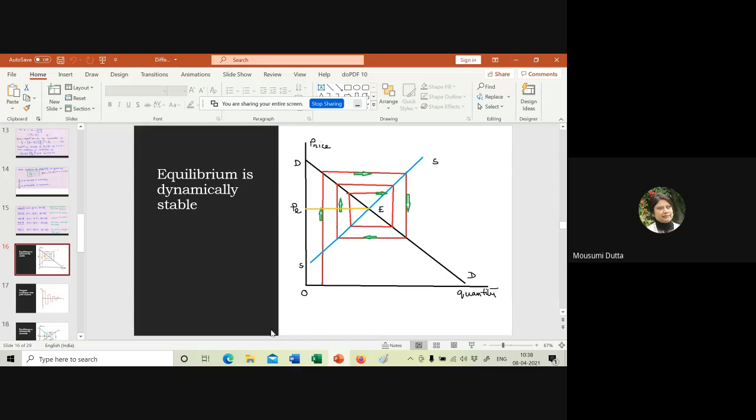So here, our first price level is this one, so we are starting with this quantity demanded, and suppose the market price is this one. If this is the market price, what are we getting, excess demand or excess supply?